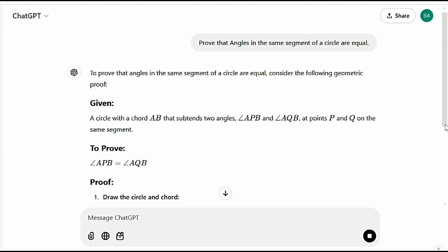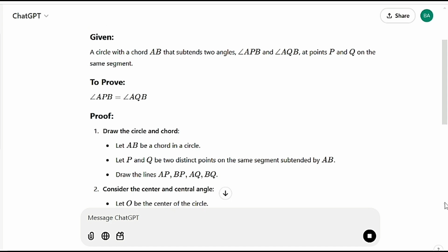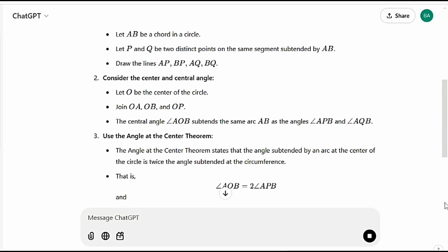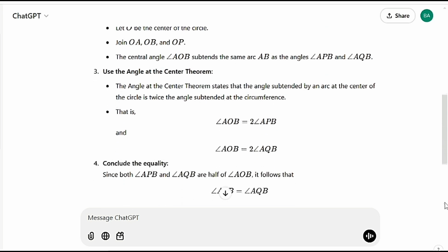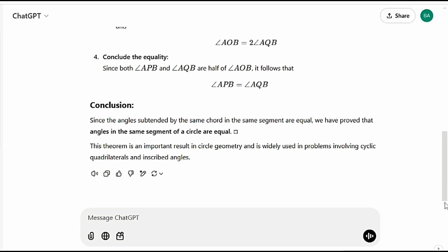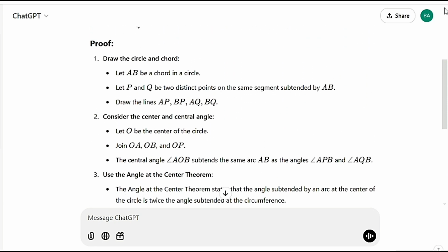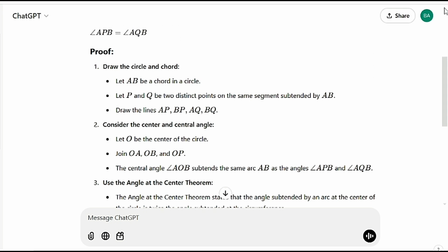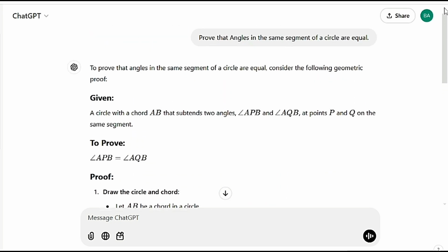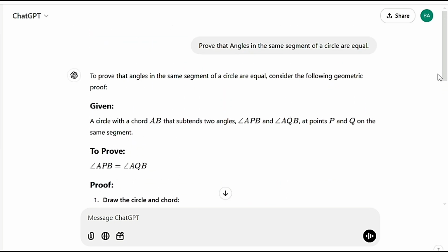First one, what is given, what we have to prove, and proof of the theorem, as we have to write in the examination, or we have to write in our notebook. So we can learn from here, or we can copy from here to our notebook. So this is the use of the AI.